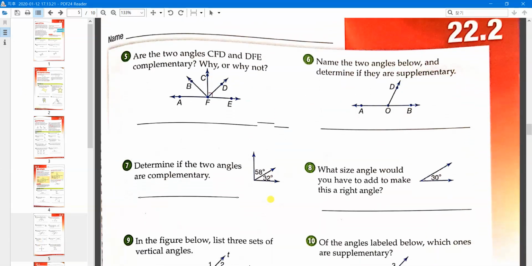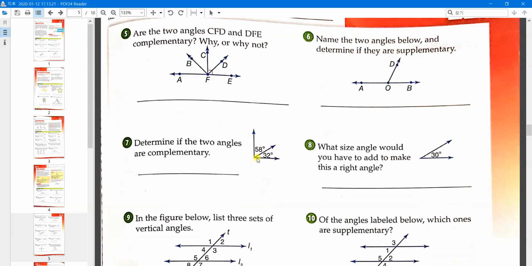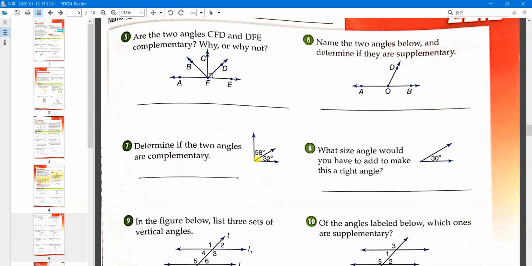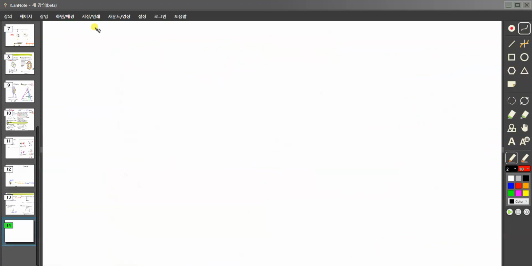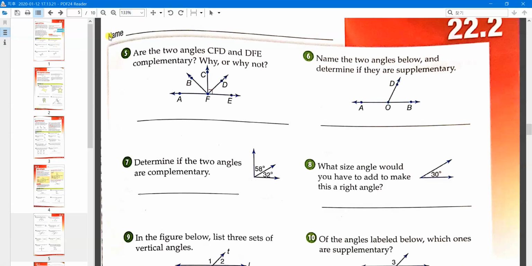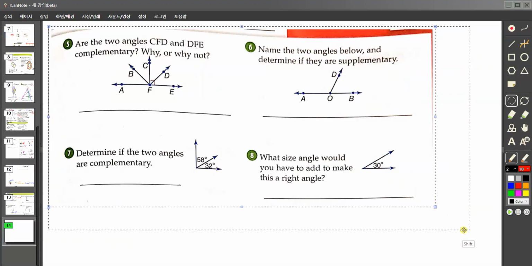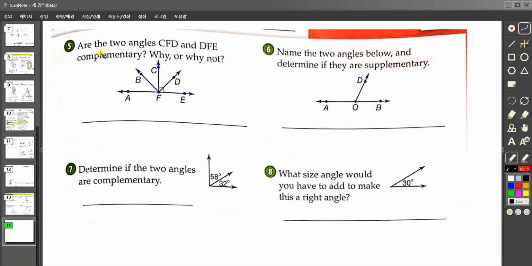Okay, and are the two angles complementary? This problem is very good. We'll get there soon. Hold on a moment. Are the two angles CFD and DFE complementary?